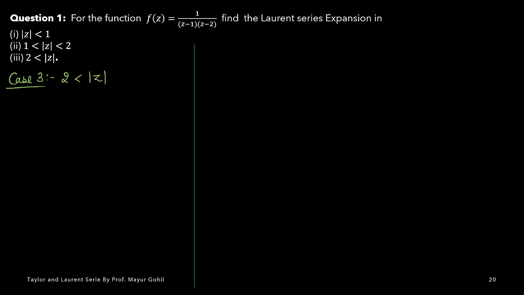So what is the meaning of this case? It means, again, I can now write 1 is less than 2 and it is less than mod z. So there are two meanings over here. The first meaning is 1 is obviously less than mod z, and another meaning is 2 is less than mod z.